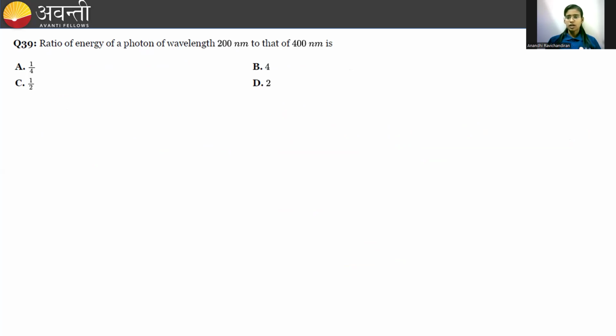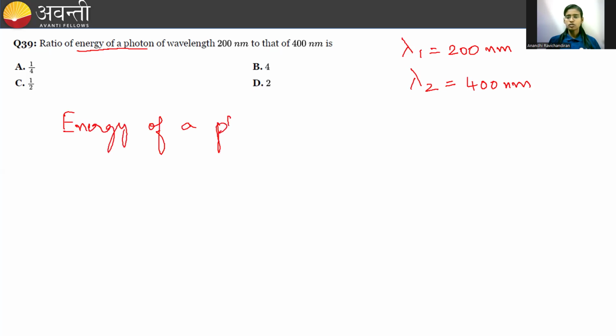One is lambda 1, which is equal to 200 nanometer, and the other one is lambda 2, which has the value 400 nanometer. We are asked to find out the energy of the photon. So how to find out the energy of a photon? What is the formula? The energy of a photon E is equal to hc by lambda.